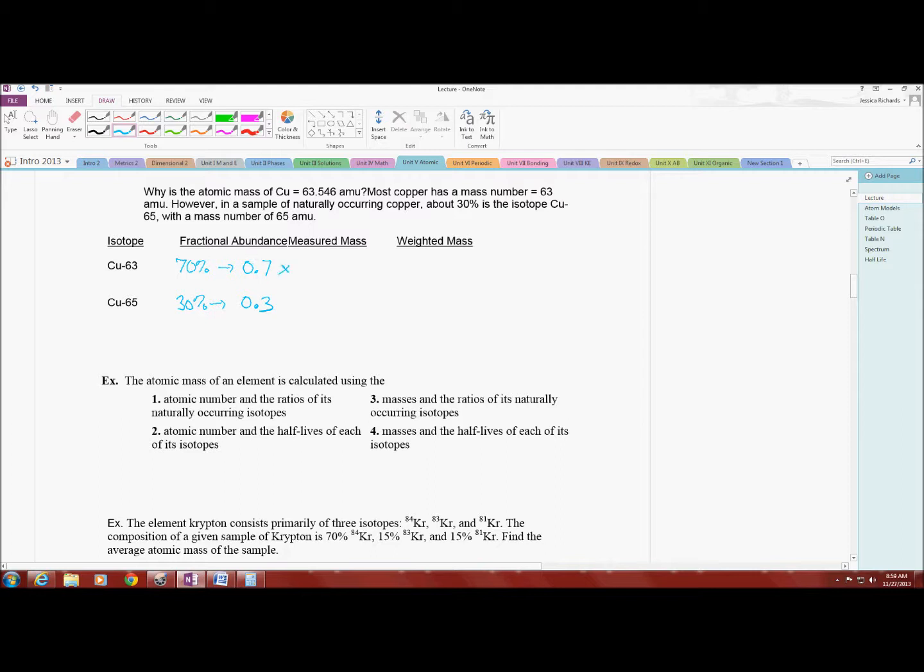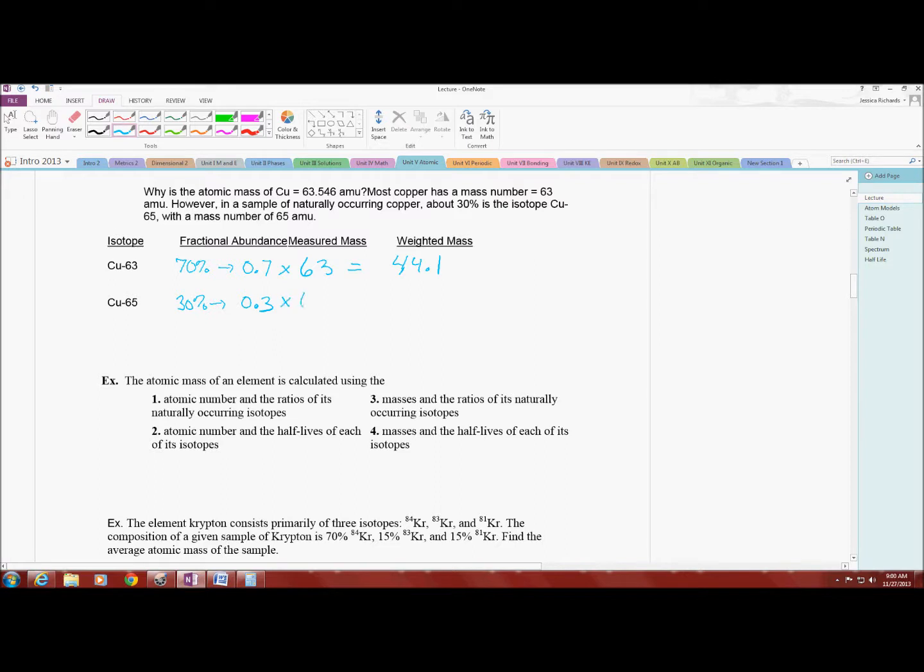The mass of copper 63 is 63. So if we multiply 63 by 0.7, we get the weighted mass. So out of our mass, 44.1 AMUs would be from copper 63.